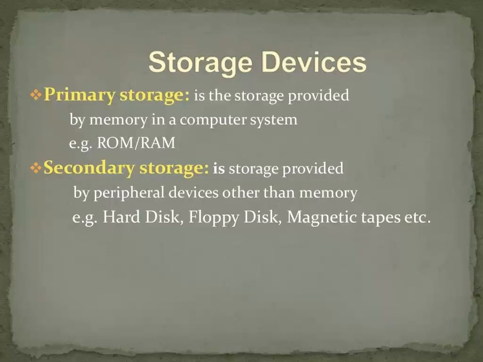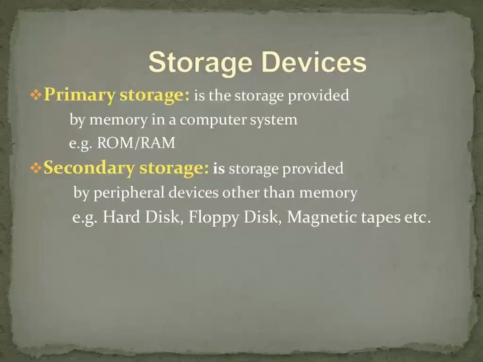And magnetic tapes, which are used for recording even movies, and also for recording songs and so on. So these are all the different types of storage devices, primary storage and secondary storage.